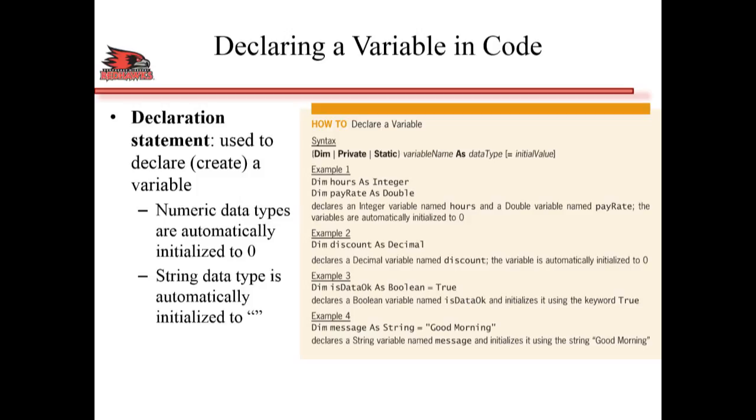Similarly, hours can be 7, or a string called message can be "Good morning". If you don't assign an initial value, a number will automatically go to 0, and a string will be assigned quote quote, a zero-length string. So the program generally takes care of it even if you assign nothing as an initial value.